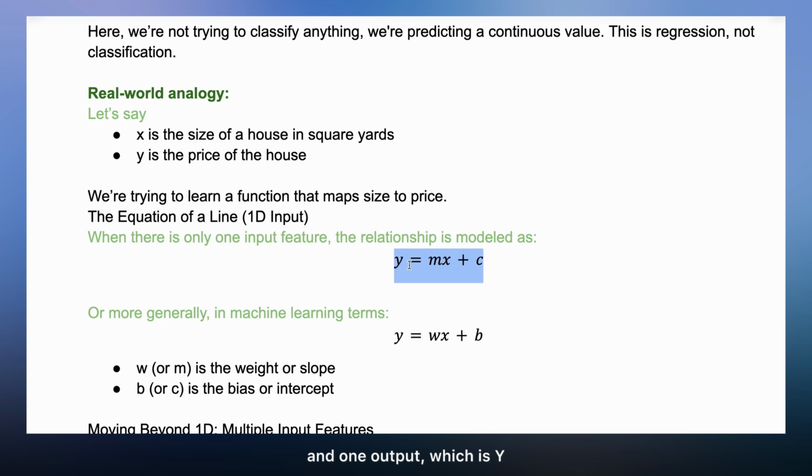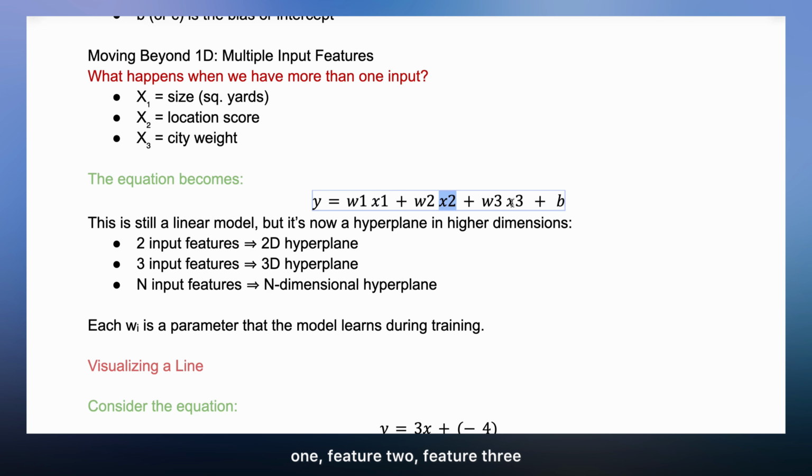Now, just imagine I am representing x1 as the size of the house, x2 as maybe the carpet area, and let's say x3 is the super area, right? Given the size of the house, the carpet area, and the super area, I have to predict the price of the house. Now this equation has three features: feature 1, feature 2, feature 3, right?